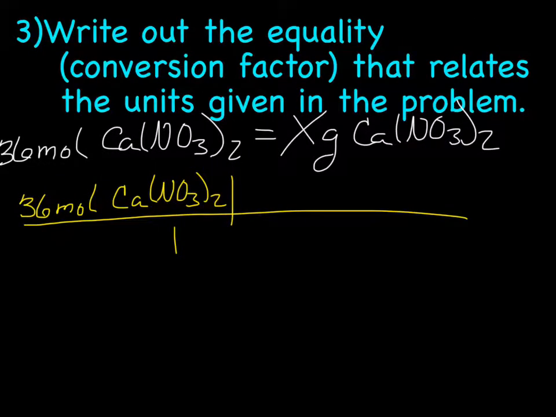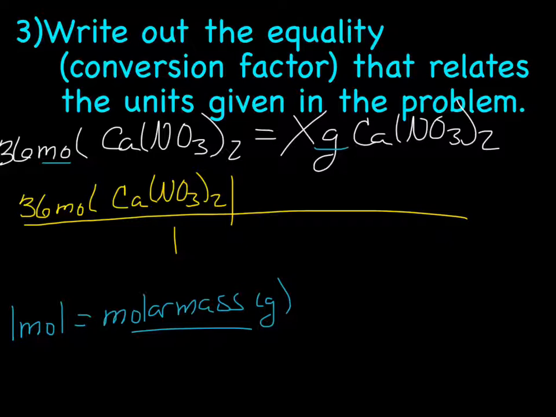And step 3, we write out the equality or the conversion factor that relates the units given in the problem. And in the problem, we have moles and grams. So the equality we have is 1 mole equals molar mass in grams.